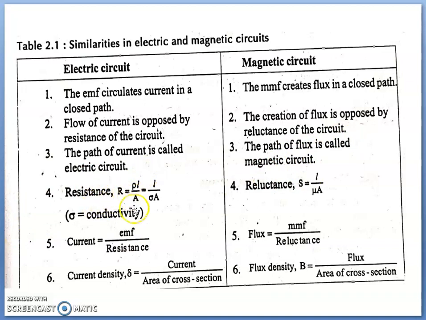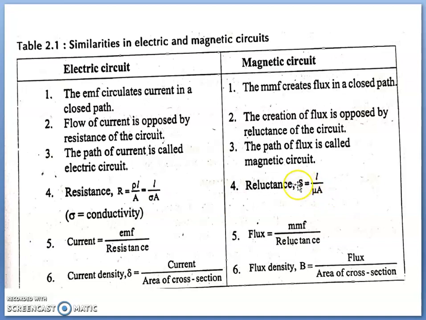Resistance is rho L by A, and reluctance is L by mu A. Here rho is the resistivity, and there is also conductivity. These two are opposing terms with respect to each other.